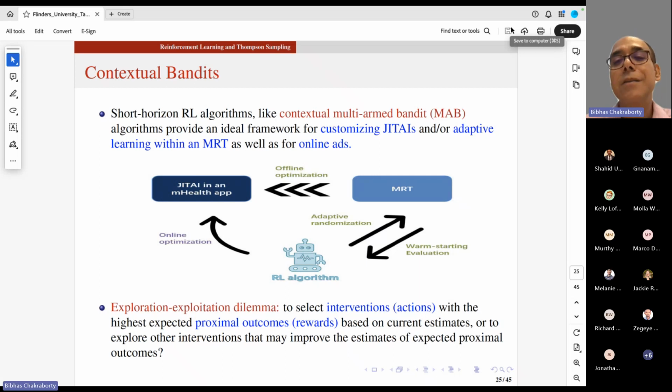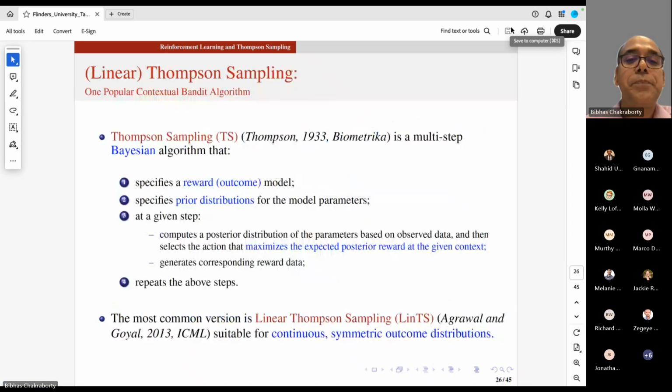Because of it, the algorithm still randomizes to some extent, maybe tilts the randomization probabilities towards some actions, but still randomizes in order to allow that exploration. Otherwise, it would become fixated and choose actions deterministically, right? So that's something happening in the background.